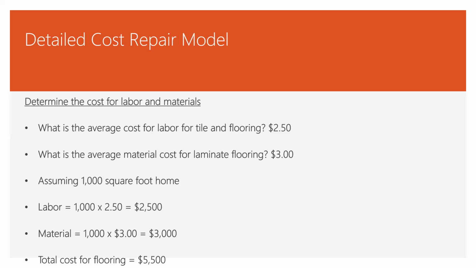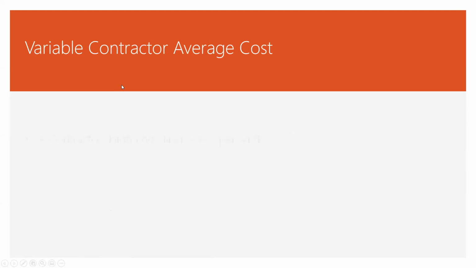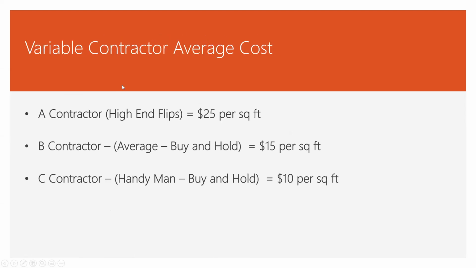Does the type of property, or maybe your objective, whether you're going to buy and hold or flip it, have any bearing on your decision? Yes, it does. Absolutely. Remember I said, if you're going to do a high-end flip, you want to use that $25 higher cost model.